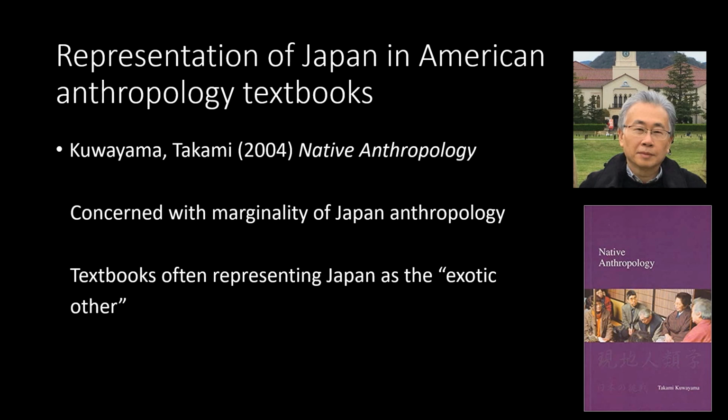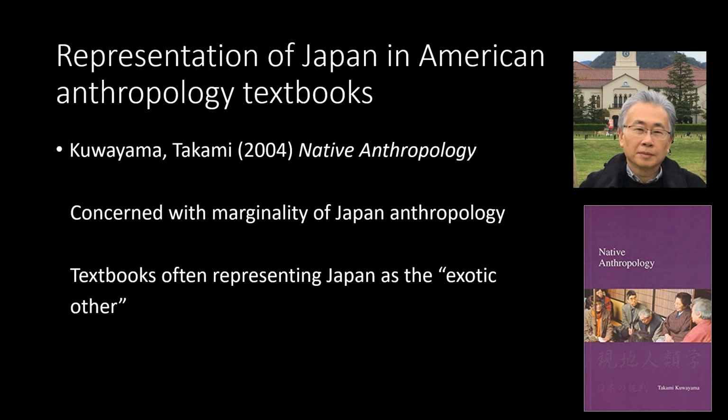This has led to his research into the textbooks in American anthropology, and there are quite a few major textbook publishers in the U.S. that sell quite a few anthropology textbooks. They might cost like $100 or so. There are of course a lot of secondhand textbooks available, but they're also revised almost every year to sell, of course, better.